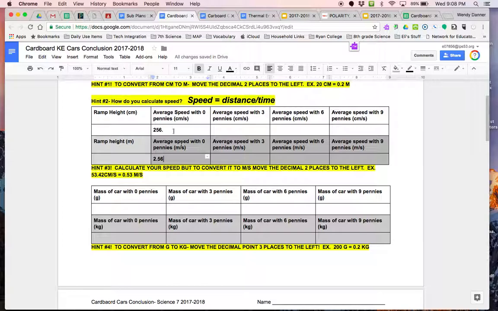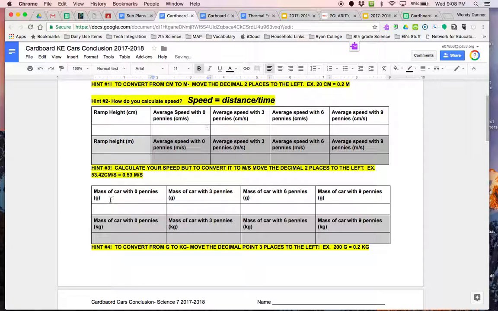And if you think about that, 256 centimeters is over 2 meter sticks. It's actually almost 2.5 meter sticks. If you look down here, that's exactly what I'm telling you. 1 meter stick is 100 centimeters.